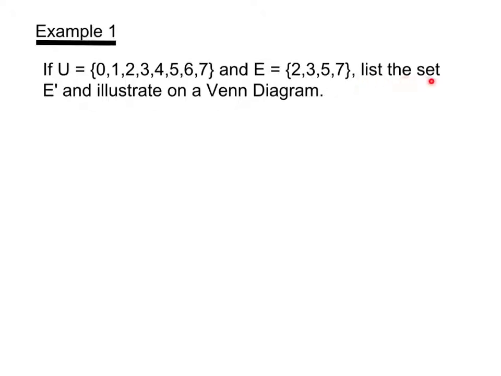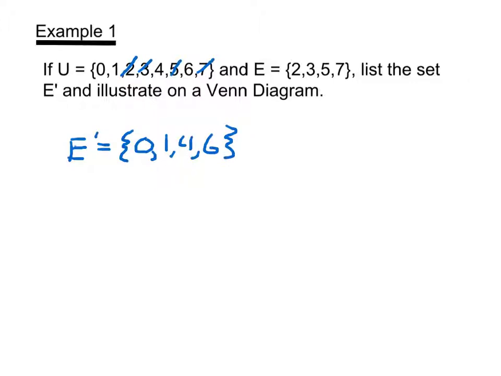The first thing that we want to do is list the set of E prime, or the complement of E. Again, the complement of E is all of the elements that are included in the universal set but are not included in E. So we see that in E we have 2, we have 3, we have 5, and we have 7. So what's left over is our complement of set E. So we have 0, 1, 4, and 6.